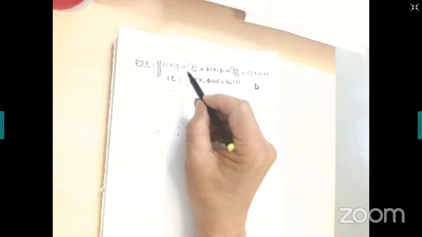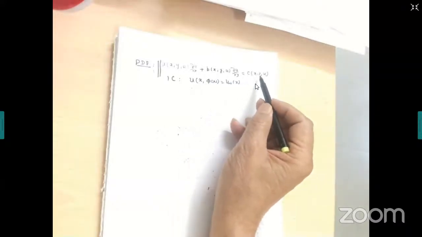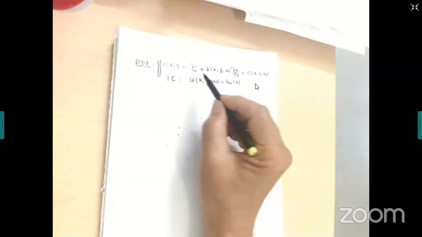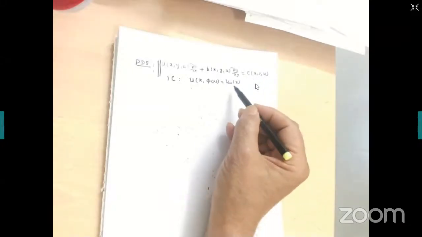This is the initial condition. This is your Cauchy problem. Cauchy problem asks for determining the solution of a partial differential equation which satisfies the differential equation identically and takes on these specified values along that curve.